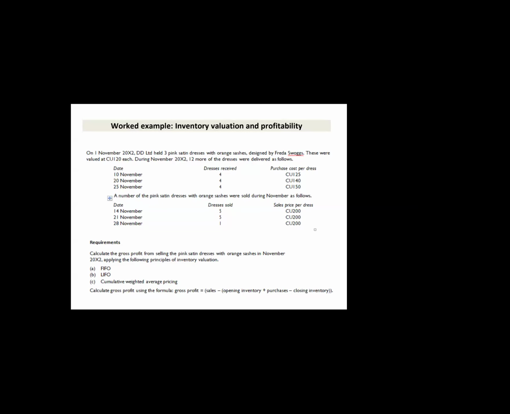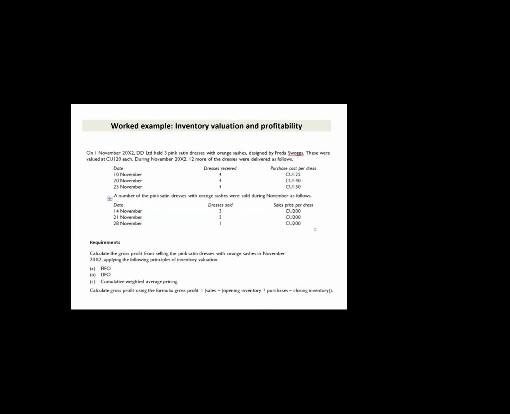Our requirement is to calculate the gross profit from selling the pink satin dresses with orange sashes in November 2022, applying the following principles of inventory valuation under FIFO method, LIFO method, and cumulative weighted average pricing method.